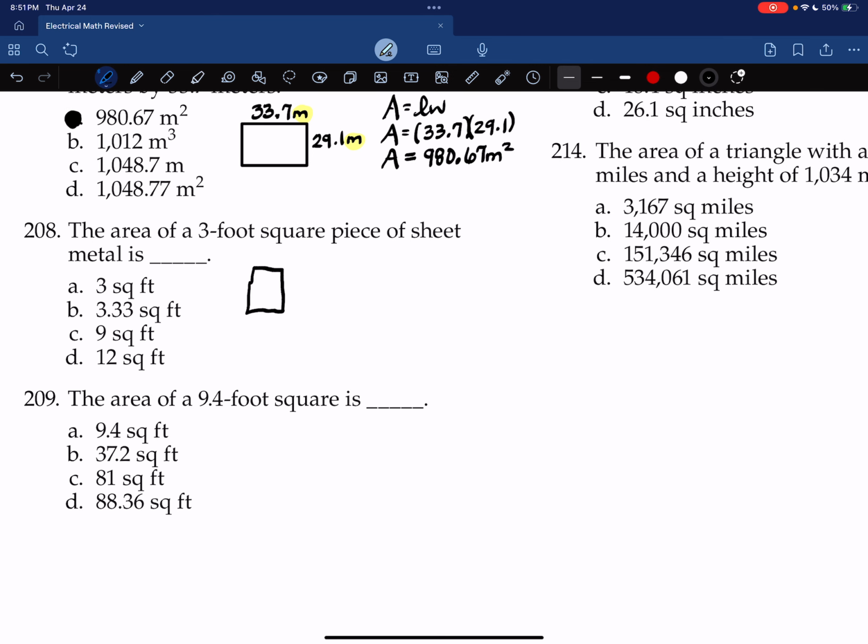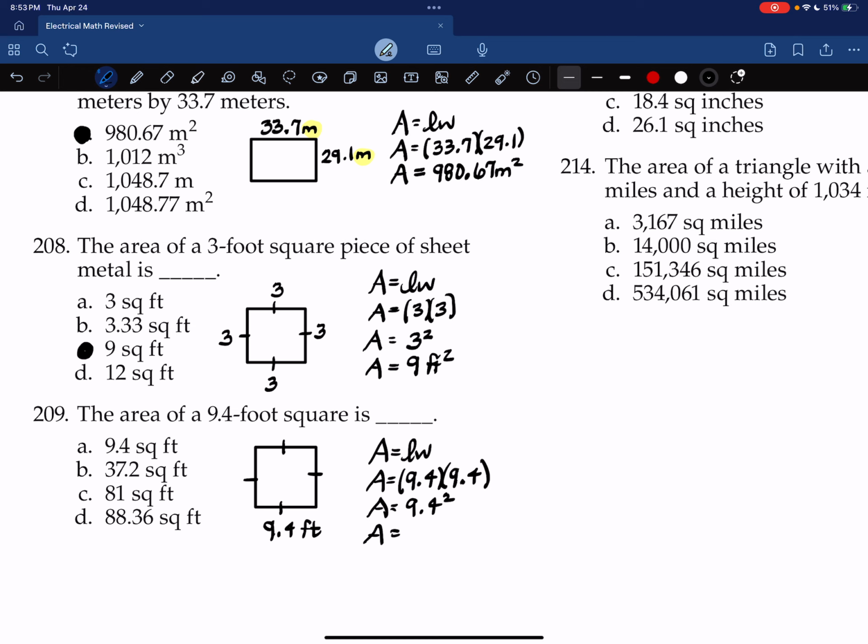Another way to write that is 9.4 squared. And I am going to use my calculator on this one because I'm lazy. 88.36 square feet is your answer.